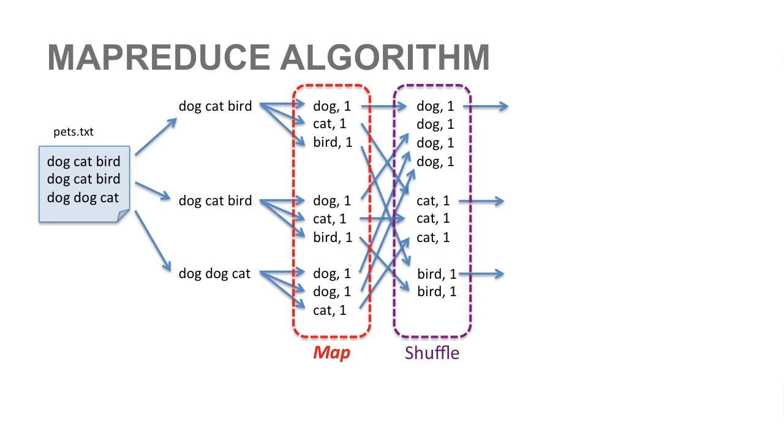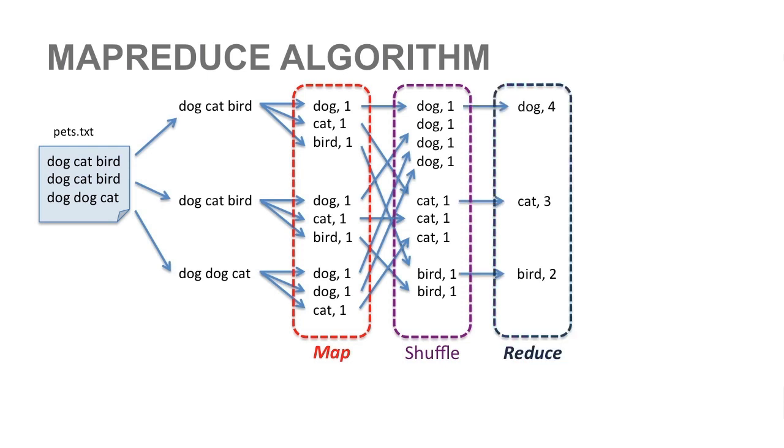And this is done in the next step, which is called the reduce step. And we find that we have 4 dogs, 3 cats, and 2 birds. When we get the results of this reduce step, we put it all together into our result file with pet frequencies.